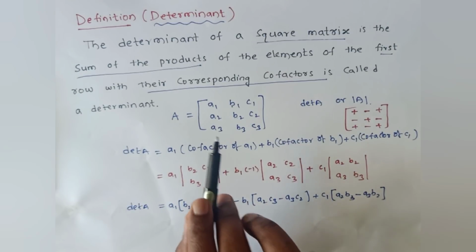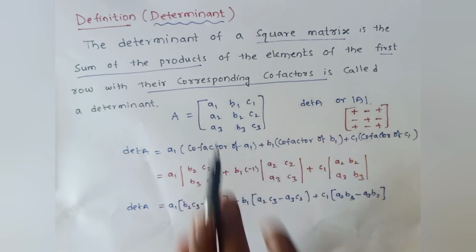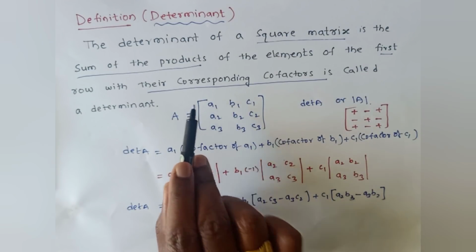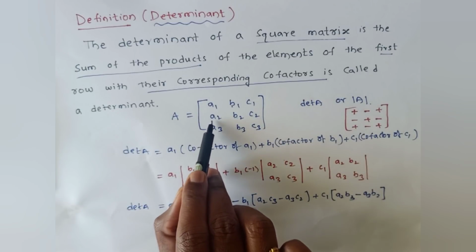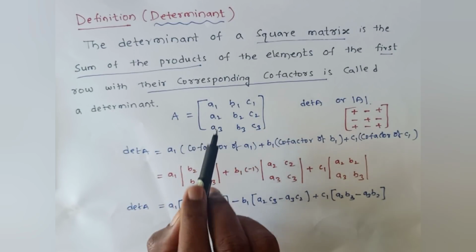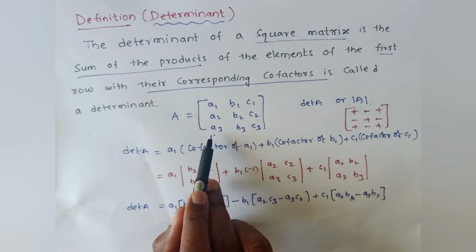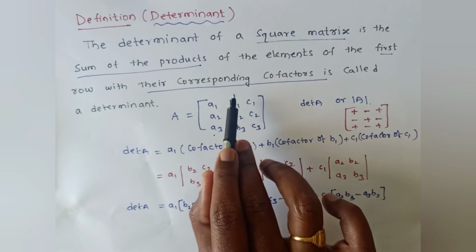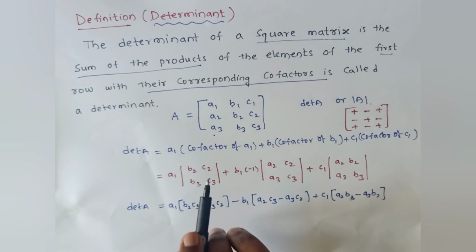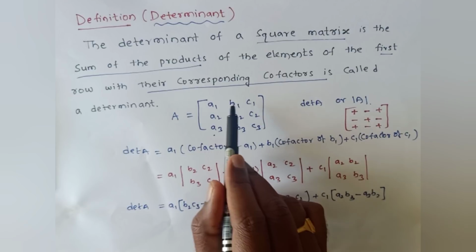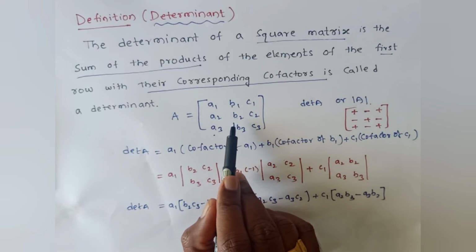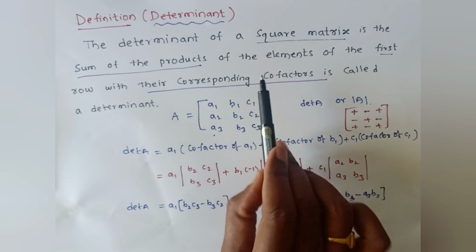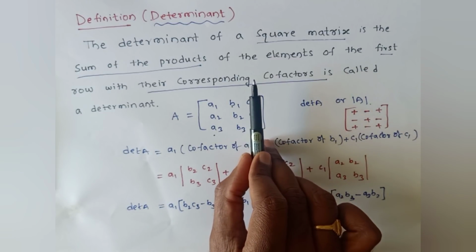For example, along the first column you take a1 into cofactor of a1 plus a2 into cofactor of a2 plus a3 into cofactor of a3, or along the second column, b1 into cofactor of b1 plus b2 into cofactor of b2 plus b3 into cofactor of b3, or you can use the third column also.